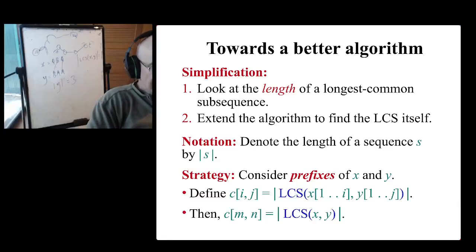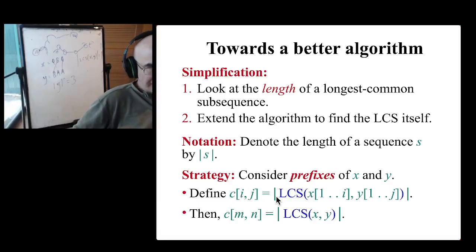Now here comes the really confusing part. I want to remind you what a prefix of x is. X from 1 dot dot i is the prefix of the first i characters of x. Y from 1 dot dot j is the first j characters of y. I want to tell you what C of i,j is. I'm going to define it, and I'm going to compute it in the algorithm.